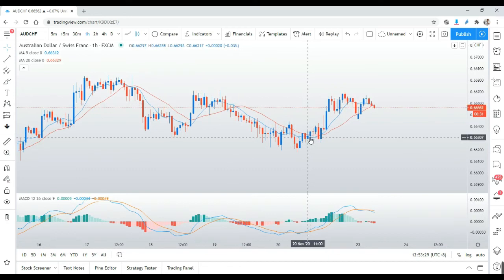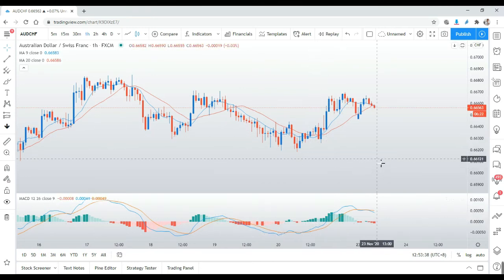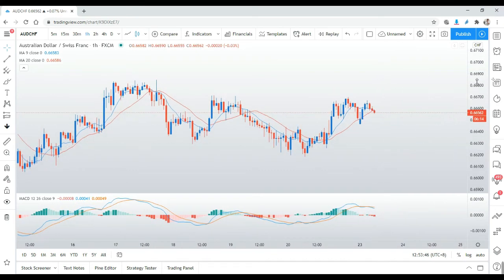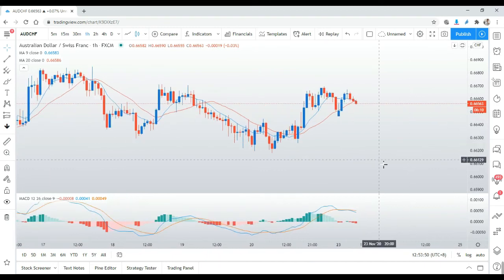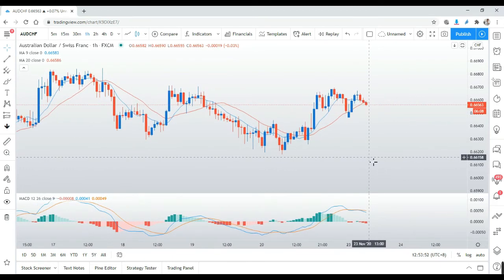What happens is that if one indicator is telling you to make a buy trade, and the other indicator is telling you to make a sell trade, what should you do? You get confused, because it's so messy, you don't know what you should do.